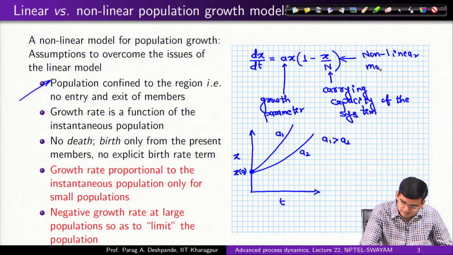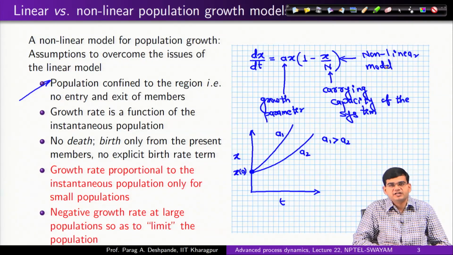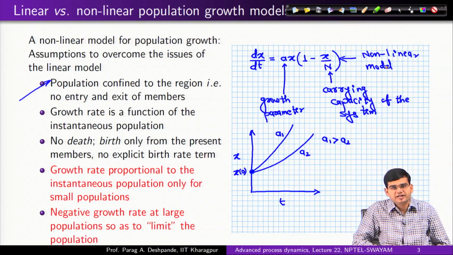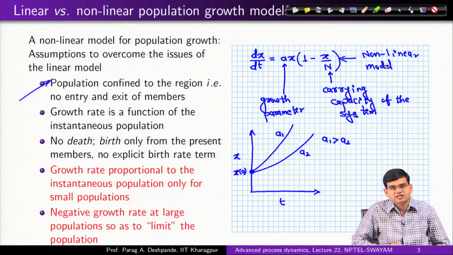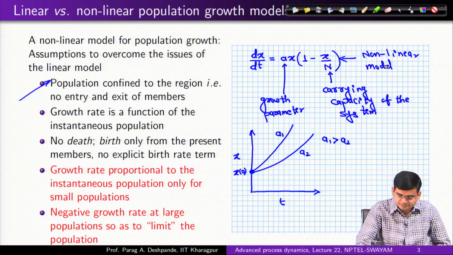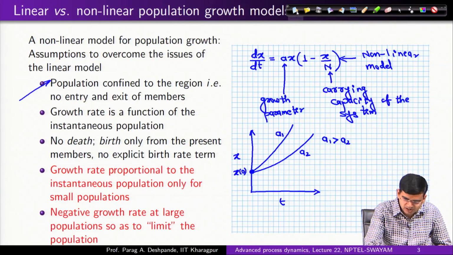So, n is the carrying capacity of the system, and now this is a non-linear model. The way we did the analysis for determining linearity or non-linearity in the previous lecture, I would encourage you to do this and convince yourself that this in fact is a non-linear model. So, let us try to understand the dynamics of this non-linear model.